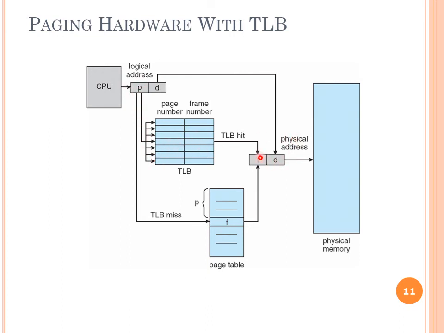Then, to this frame number, we are adding the offset D. If a particular page number is not available in this TLB, then it generates a TLB miss. So whenever there is a TLB miss, that page is found from the page table. Then you will get the corresponding frame number. To that frame number, we are adding the displacement to get the actual physical address in the physical memory.